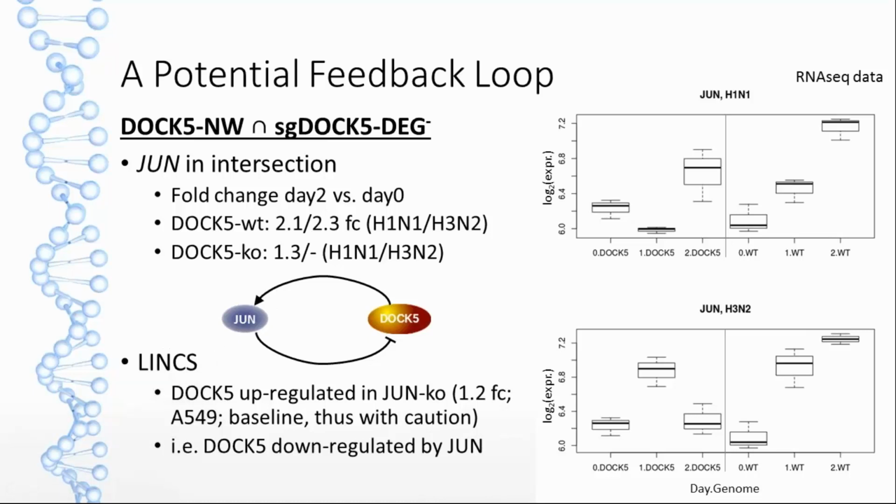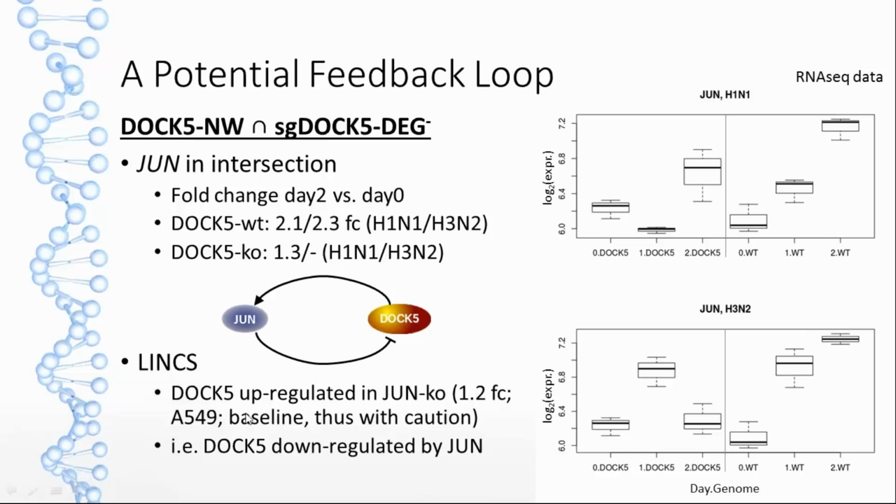So we looked at the LINCS data, checked the transcription factor, but also checked the response, because JUN is knocked out in the LINCS data set. And what we find is it is actually upregulated in the JUN knockout, meaning that JUN apparently suppresses DOC5.